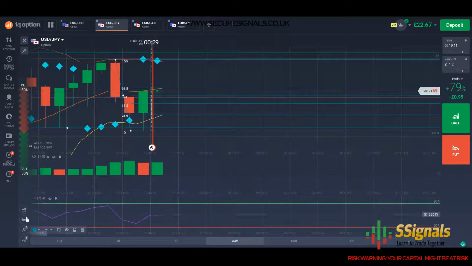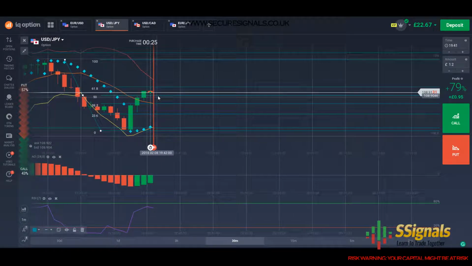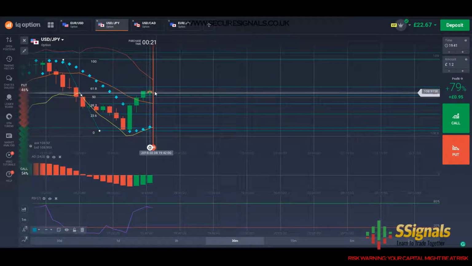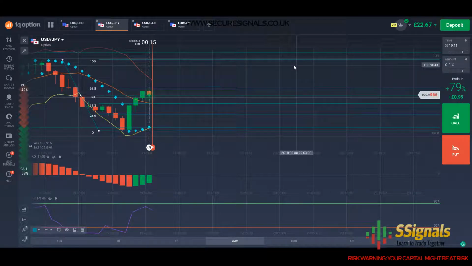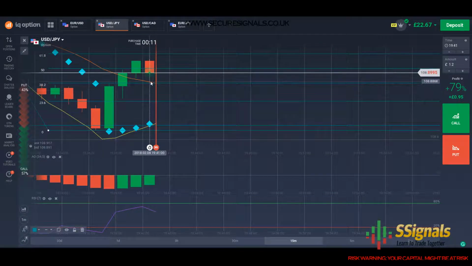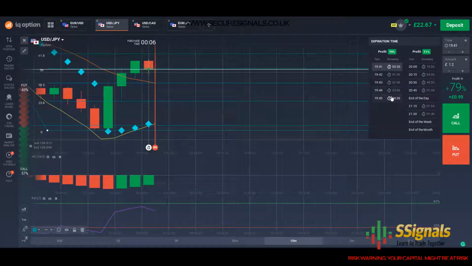Okay, so it's actually approaching 61.8, so I'm going to be looking to enter a put anytime soon now. Once I get the confirmation candle, I'm going to enter. Hopefully if this closes red, we'll probably enter for 45.